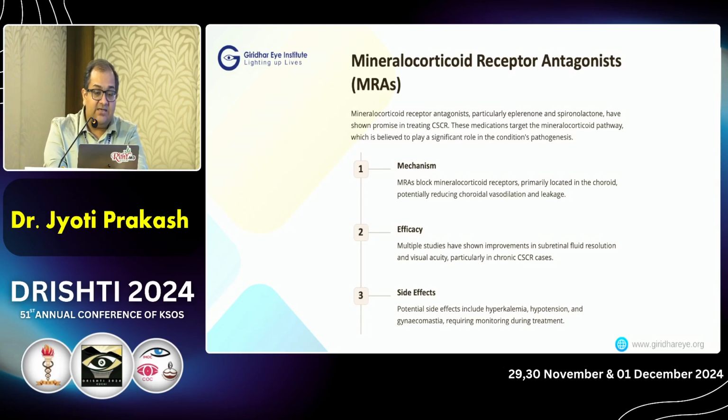The mechanism is that it blocks the mineralocorticoid receptors primarily located in the choroid, potentially reducing choroidal vascular dilatation as well as leakage. As for efficacy, initially there were only anecdotal reports from different centers and clinicians, but then in early 2020 or 21 the VICI trial was published, and it categorically disregarded the use of eplerenone as a modality for treatment, and, verbatim I quote, they said it was as good as a placebo.